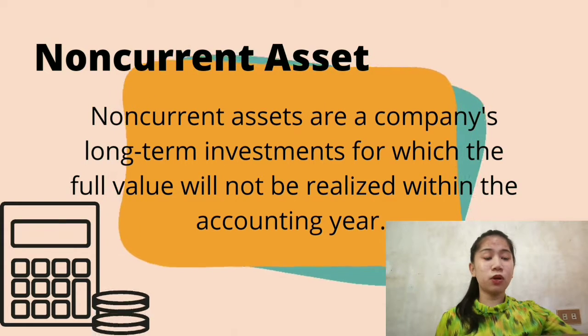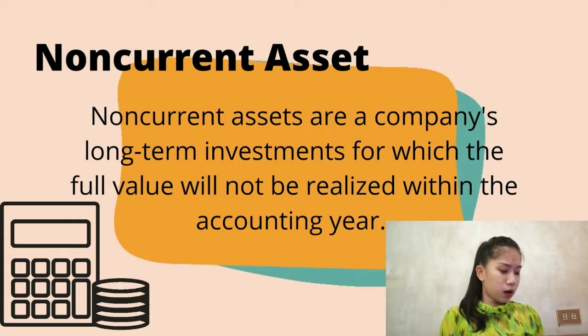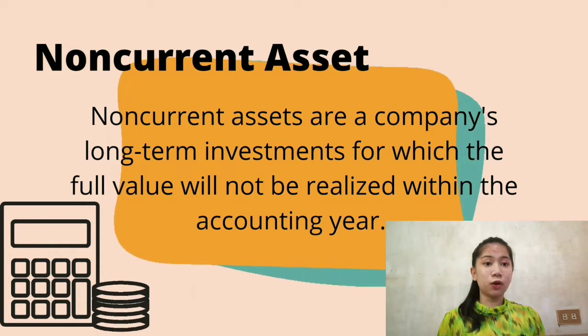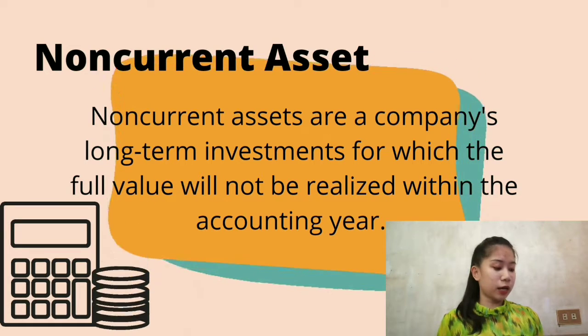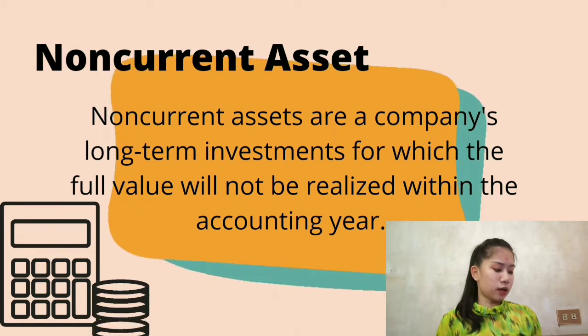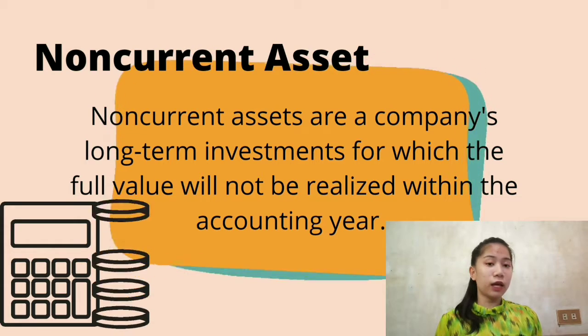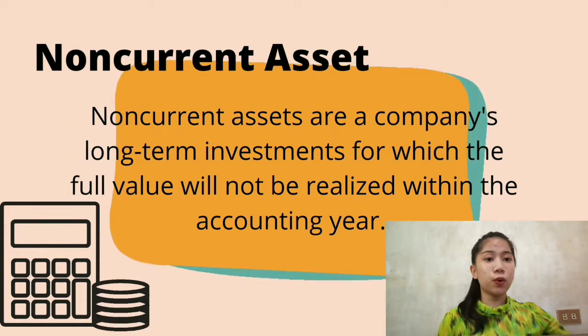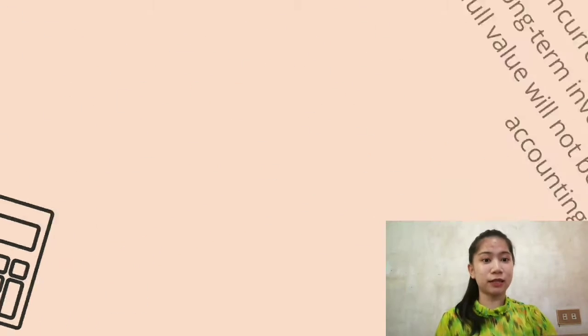Examples of a non-current asset are investments in other companies, intellectual property like patents, and property, plant, and equipment.